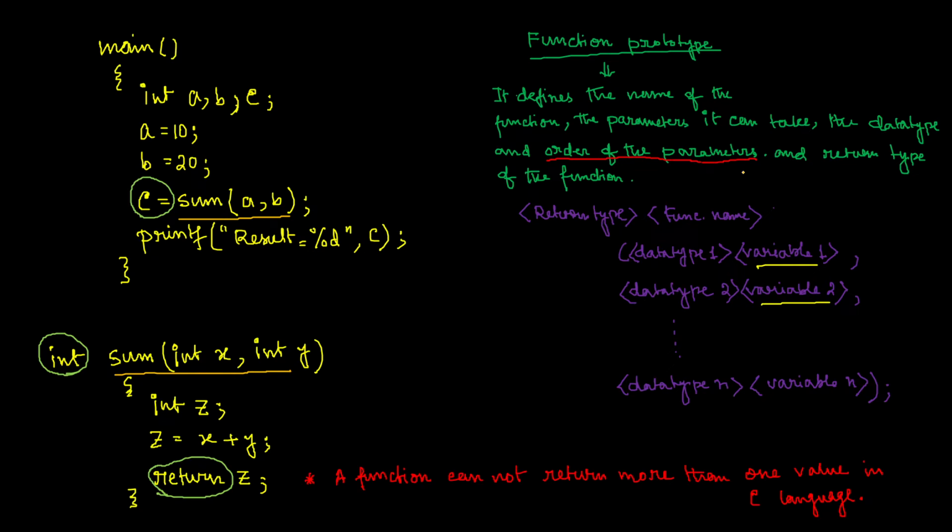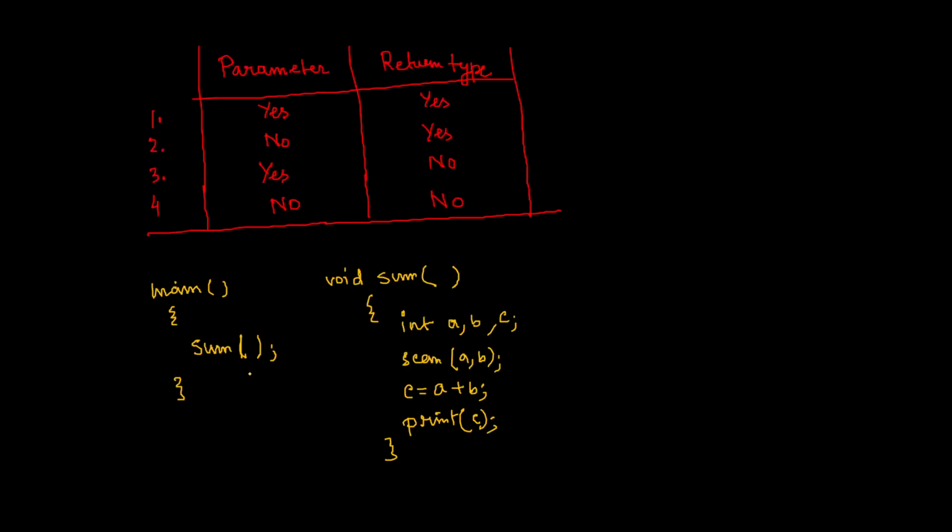The question is that parameters should be true at the time of calling the function and at the time of defining the function also, right? So from this point, the parameters can be defined in actually two ways.